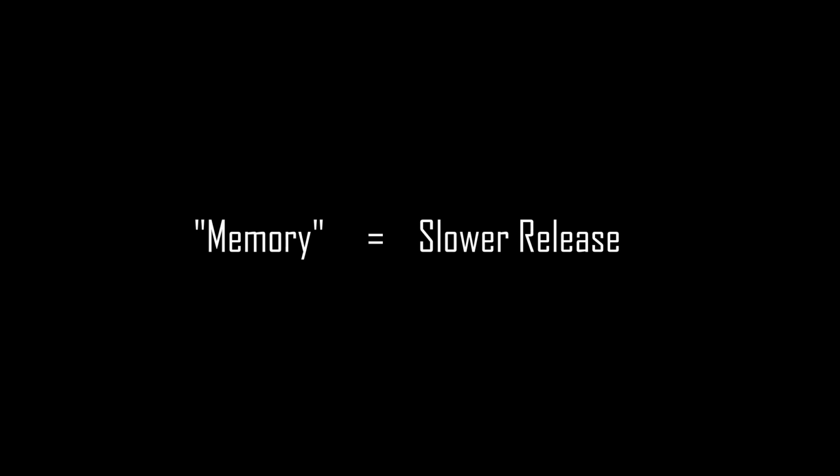This type of compression is what most engineers would call musical, as the compression is applied gently and with a certain unique flow to it. These types of compressors excel on vocal and guitar tracks.